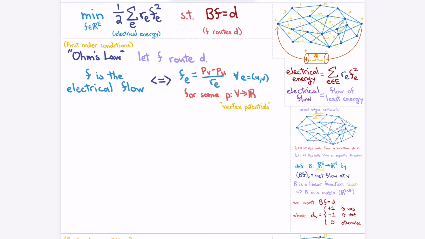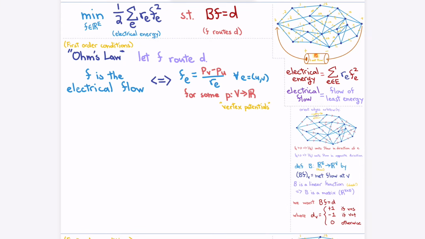Okay, so F is the electrical flow if and only if there's some vertex potentials, which might be called voltage sometimes, but I'm not 100% sure. There's some kind of assignment of values to every vertex. So the flow has the following form: the flow on an edge e is equal to the potential at the tail minus the head, divided by the resistance.